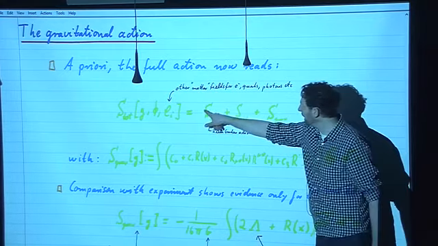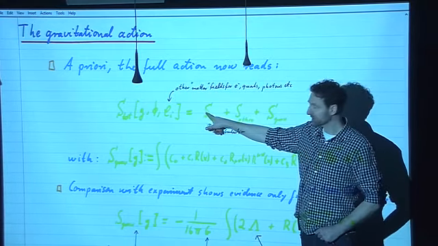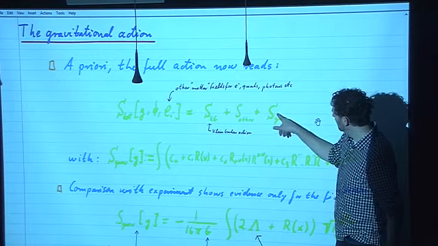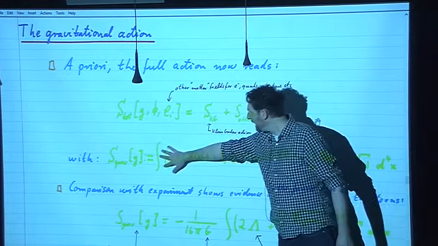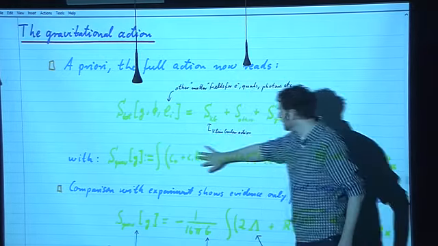Now this stuff we can look up in the standard model of particle physics. But the gravitational action, a priori, we should expect to take this form.